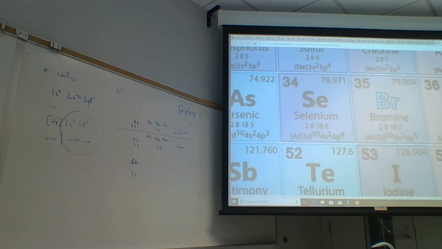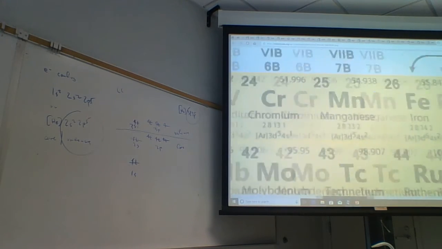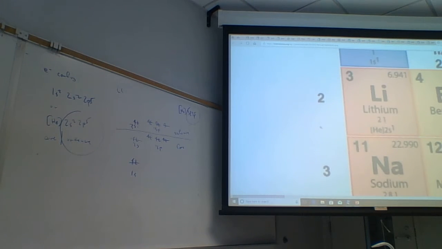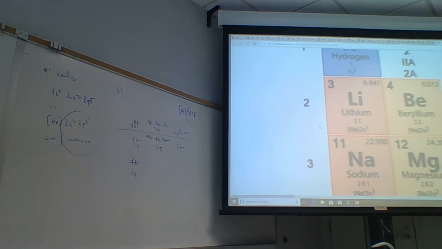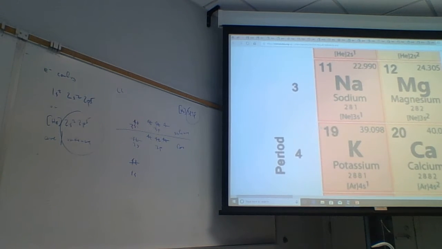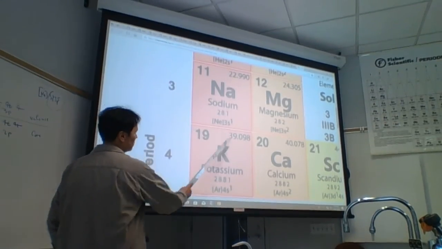Okay, let's take a look at the oxidant table here. So for example, if we look at sodium and potassium, they are going to have the same valence shell electron configuration. This is going to be ns1.